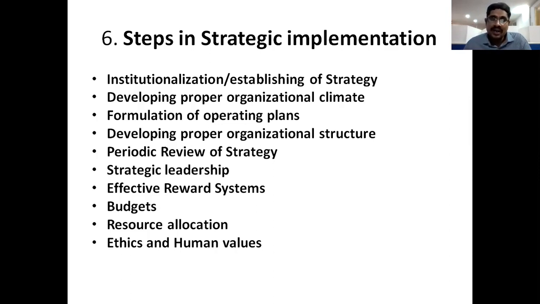These operating plans are for the 4 departmental activities: finance, HR, marketing, production. So operating plans are prepared for each and every department. These are the 4 departments we have. That's why here is formulation of operating plans for these 4 departments, right?